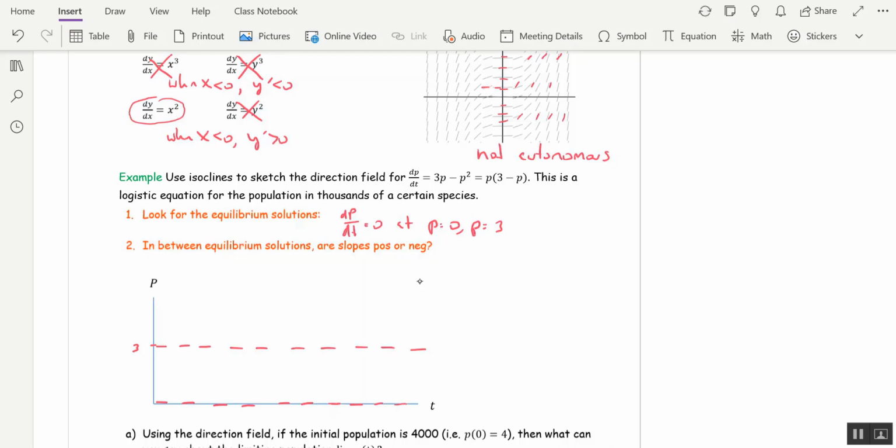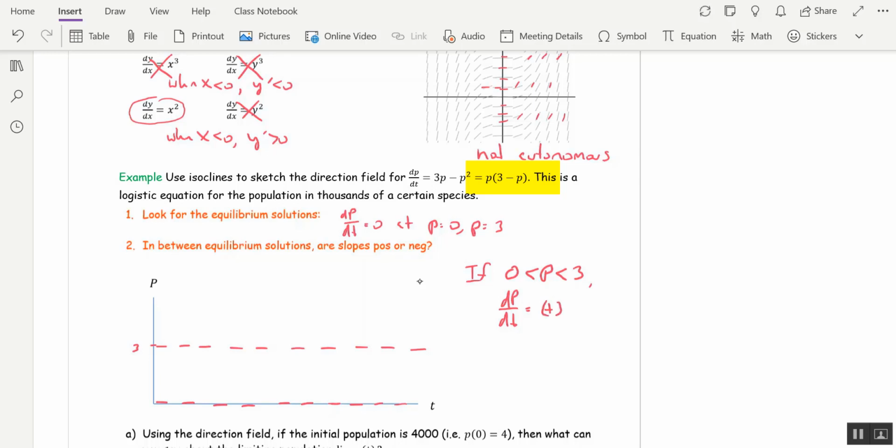And then you just have to figure out what's going on between the equilibrium solutions. So pick a value between 0 and 3. If P is between 0 and 3, dP/dt, we don't care what the value is. We just care whether it's positive or negative. So dP/dt is going to be a positive, because if P is between 0 and 3, P is positive.